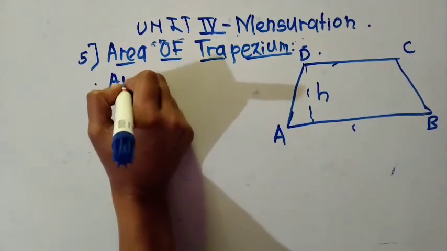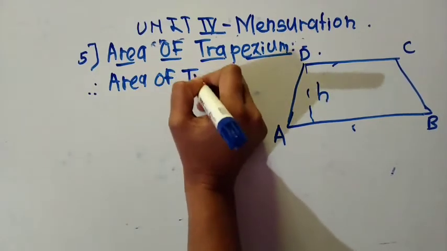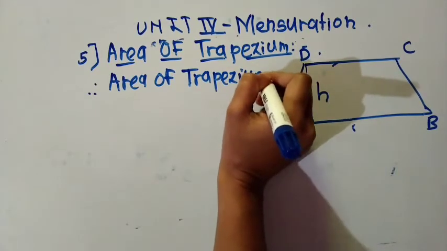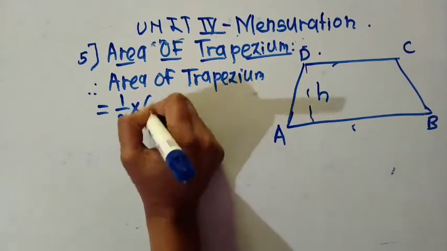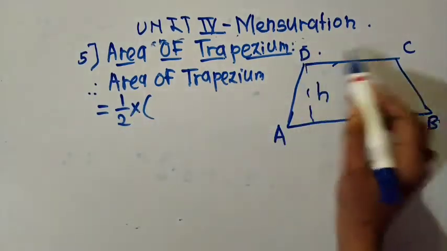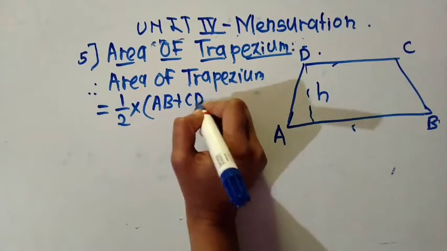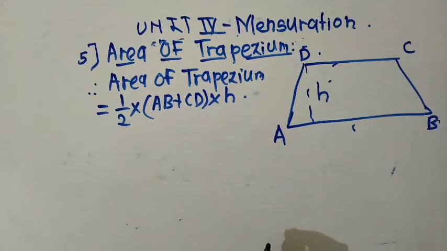Hence, area of trapezium is equal to 1 by 2 into sum of parallel sides, AB plus CD, into height H. It is area of trapezium.